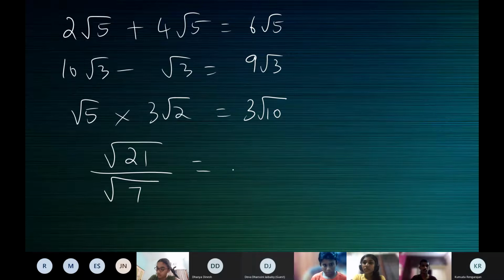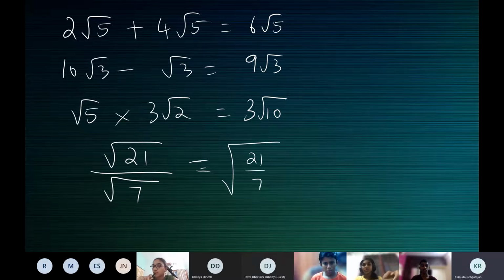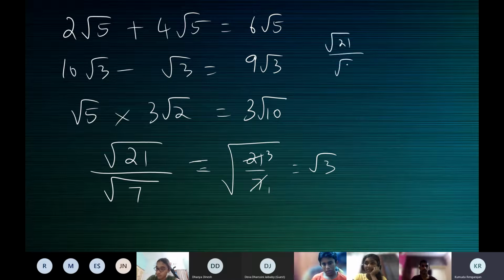That's great. See, you can handle this in 2 ways. You can write it as root of 21 by 7. 7 ones are 7, 7 threes are 21. So root 3. Or you can write the numerator as root 7 into root 3. Root 21 is root 7 into root 3, divided by root 7.